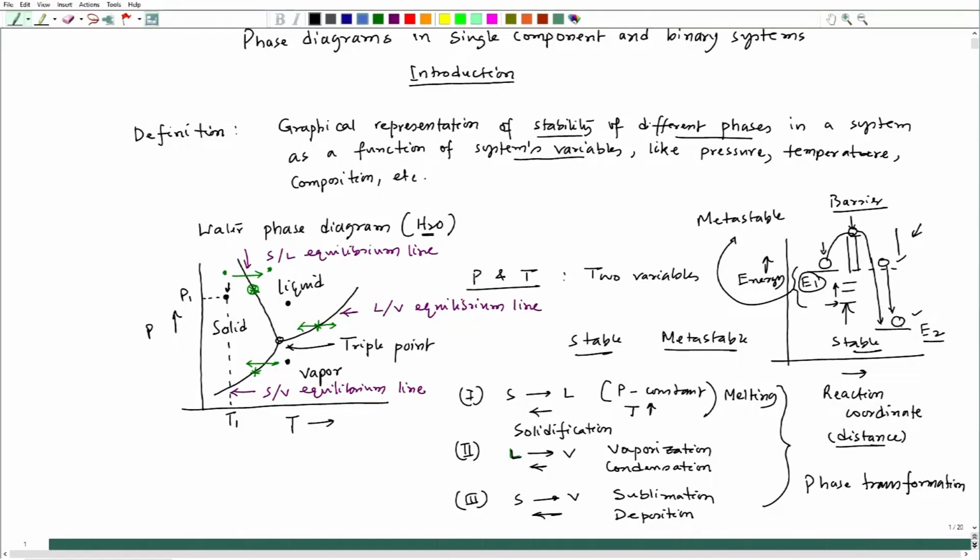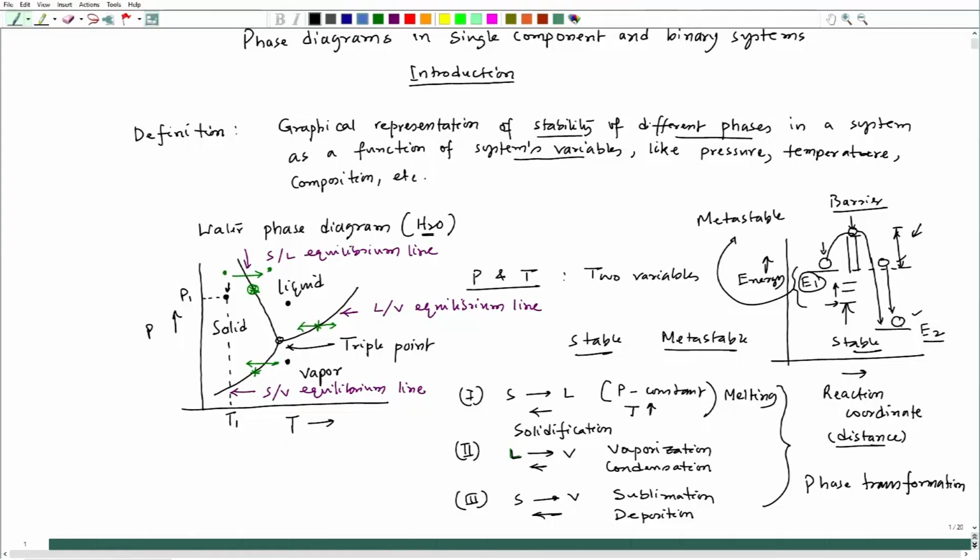That energy we have to supply, and only then can the ball go to the other end by free fall. So, this energy barrier comes under kinetic factors. What will be the rate at which the ball would move to the other end? Here I am talking about a ball, but it can be a particular reaction.